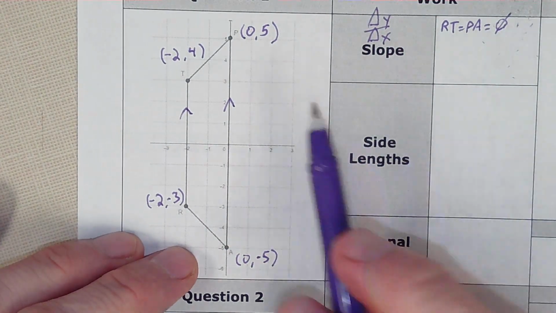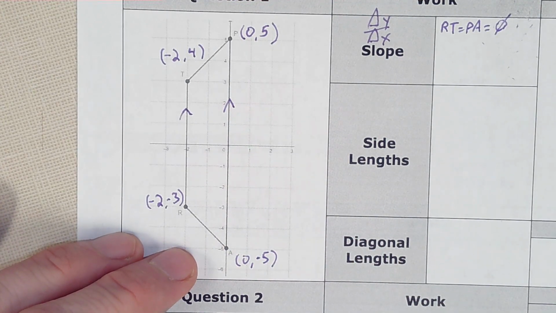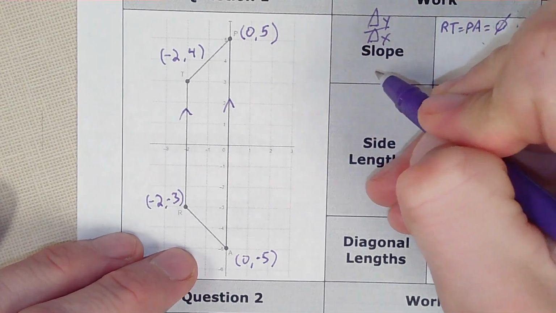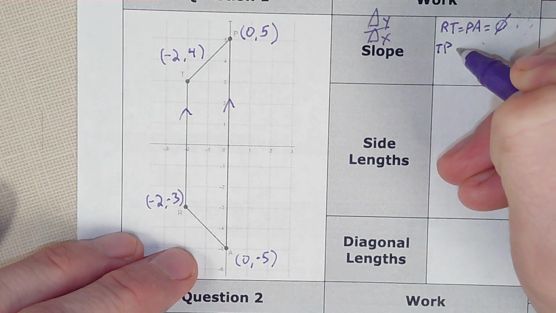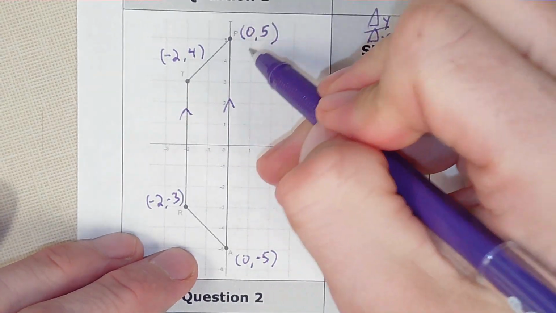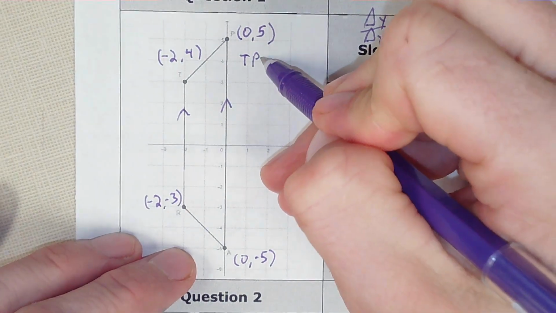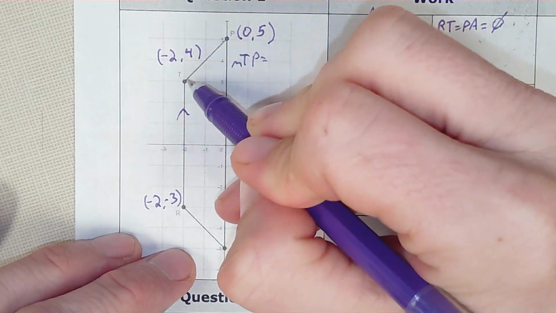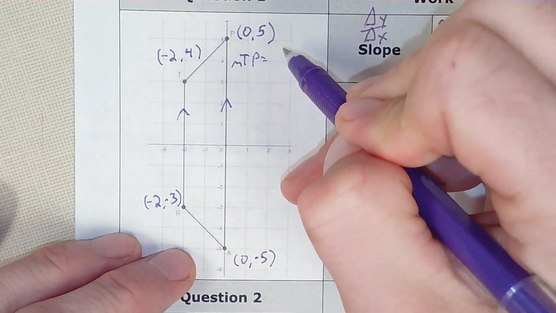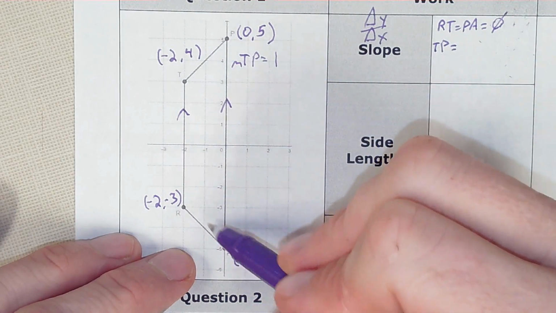Okay, now are these lines parallel? Well, I don't think so. Let's see what the slope of line TP is. Slope of TP is my change in y over my change in x. Oh, it's 1-to-1. Look at that, just 1-to-1. Its slope is 1, and it's up. And my slope here is -1.